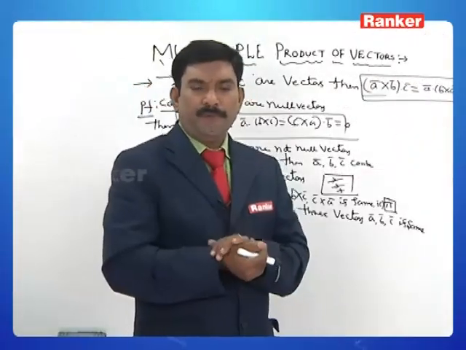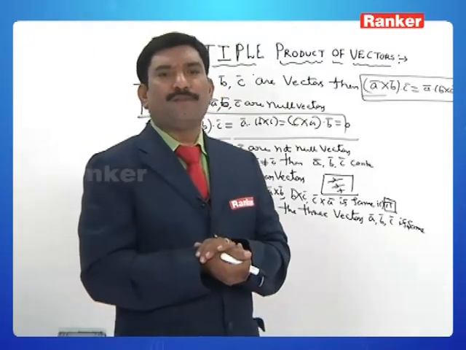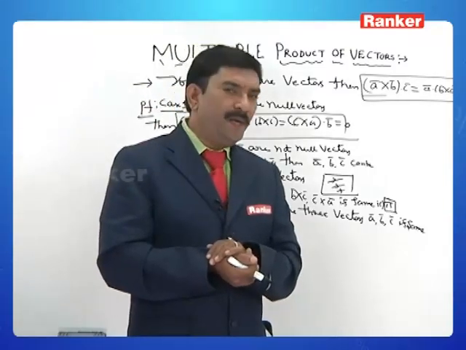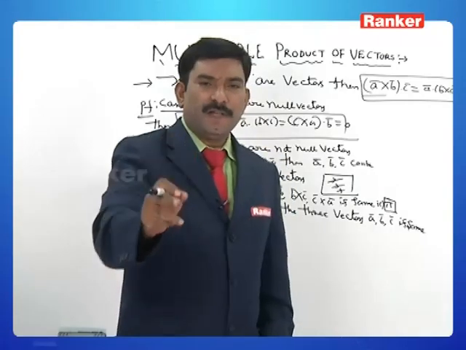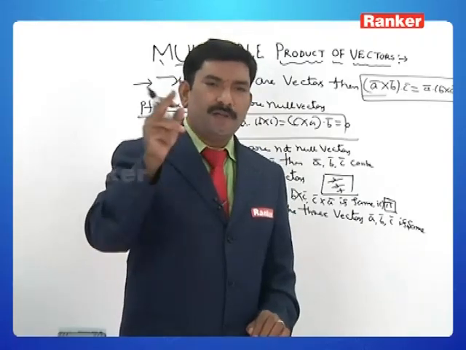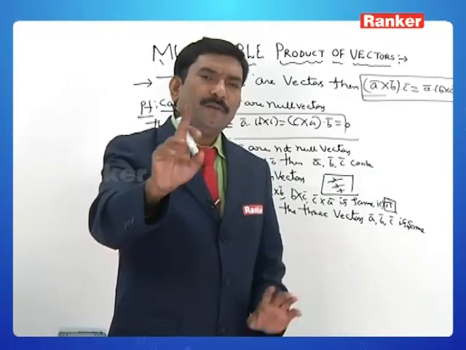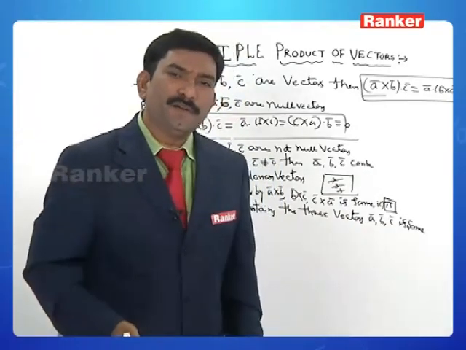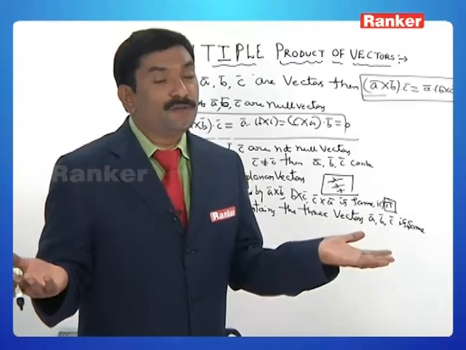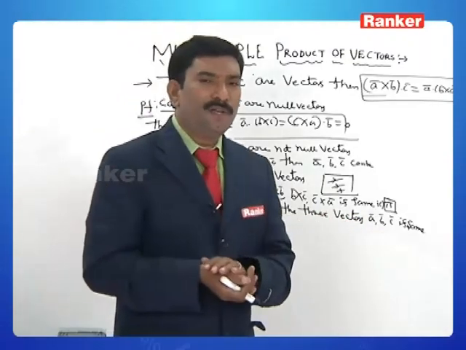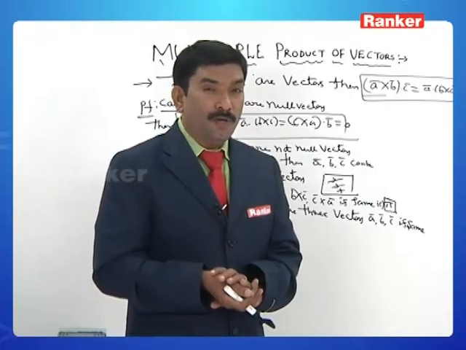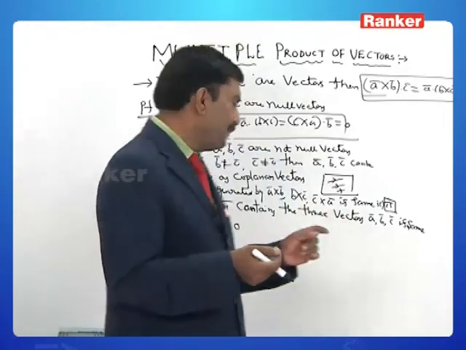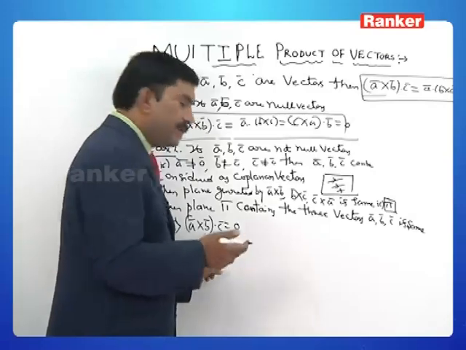Again, B cross C is the vector perpendicular to the plane containing B bar and C bar. Since A bar, B bar, C bar are coplanar, B cross C is also perpendicular to A bar. Therefore, the dot product is equal to 0. Whenever any two vectors are perpendicular or orthogonal, the dot product is equal to 0. Therefore, A cross B dot C bar is equal to 0.